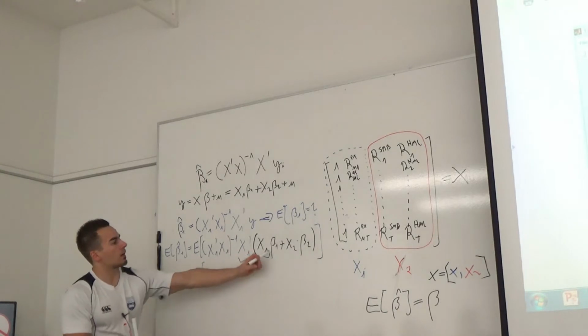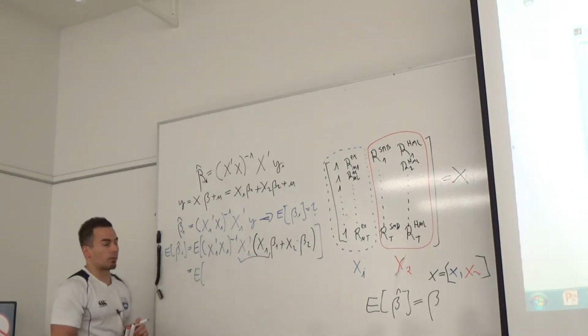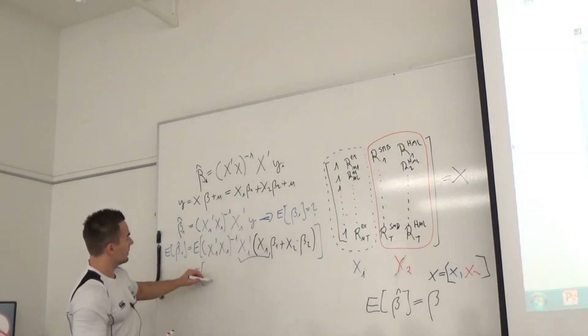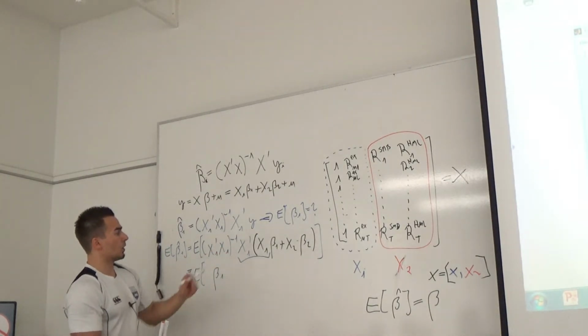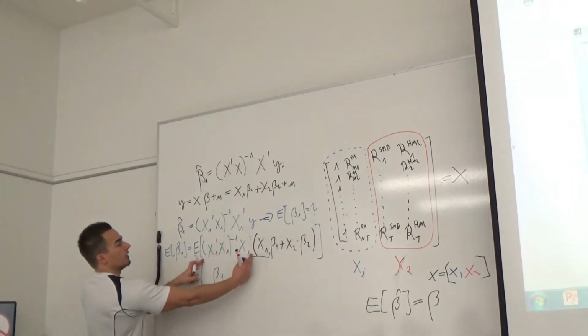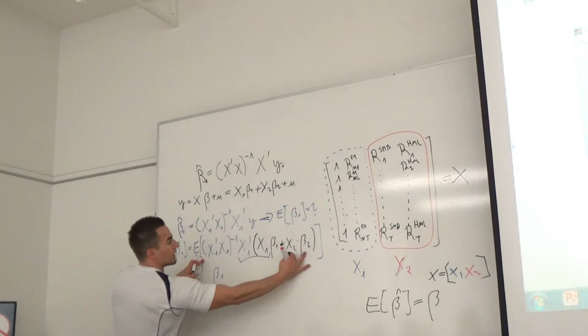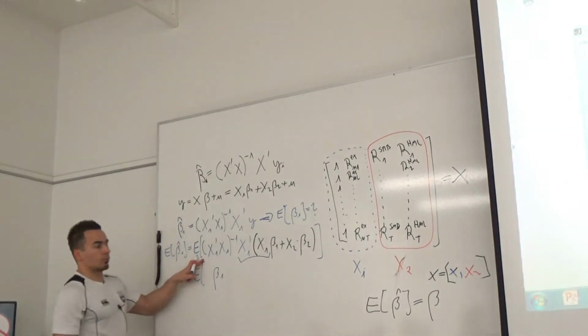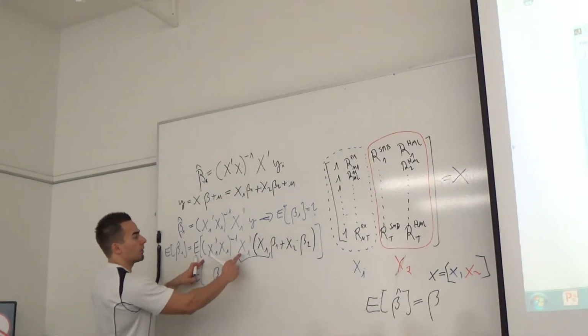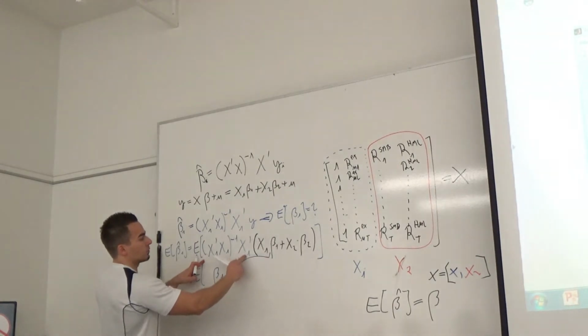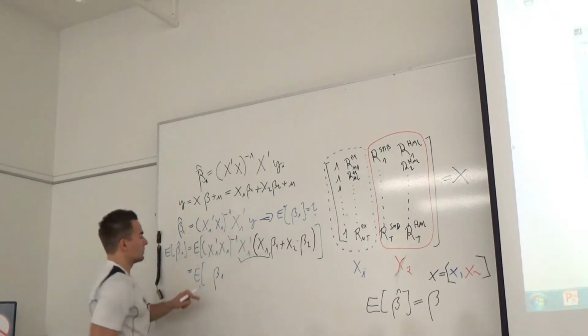Identity matrix times our beta 1 parameter, so beta 1. And what do we get if we multiply the first part here with the second term? We do not get the identity matrix here, because it's not the same. In the second position is x1 prime times x2.